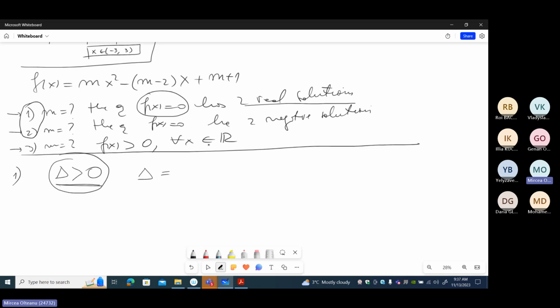So delta will be (m minus 2) at power 2 minus 4m, okay, (m plus 1). Very well, let's compute exactly. Let's see the final result here.